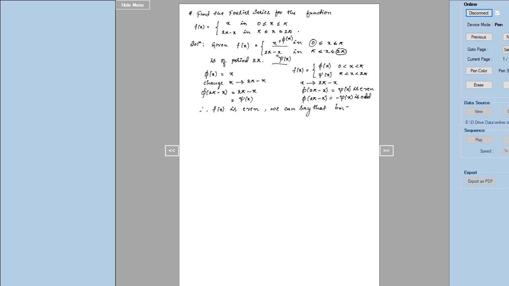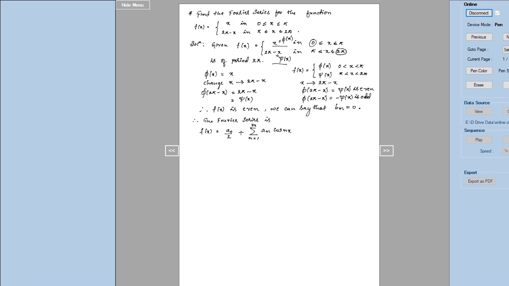Since the given function is even, bn equal to 0. Therefore the Fourier series for the given function is f of x equal to a naught by 2 plus summation n equal to 1 to infinity an cos nx.